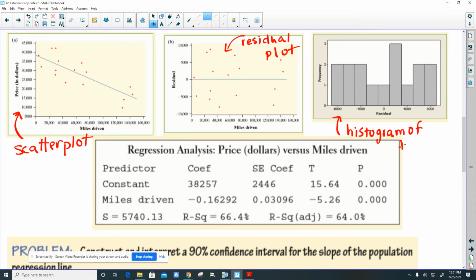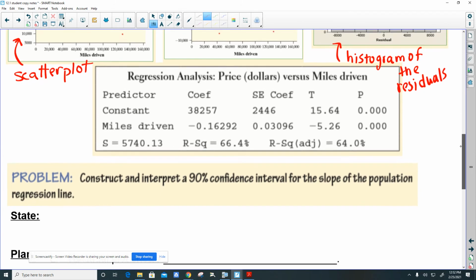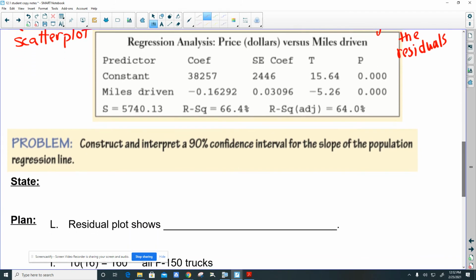So we have those 3 things that we're going to need to reference. Then we have some nice computer output also, which is always helpful because it's a way of sidestepping some of those formulas to calculate the standard error of the slope, because we can just grab the value from this computer output.